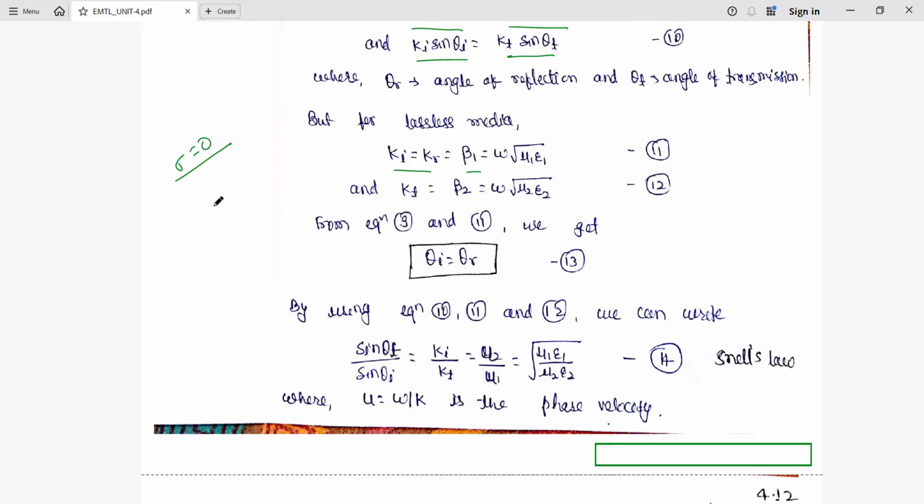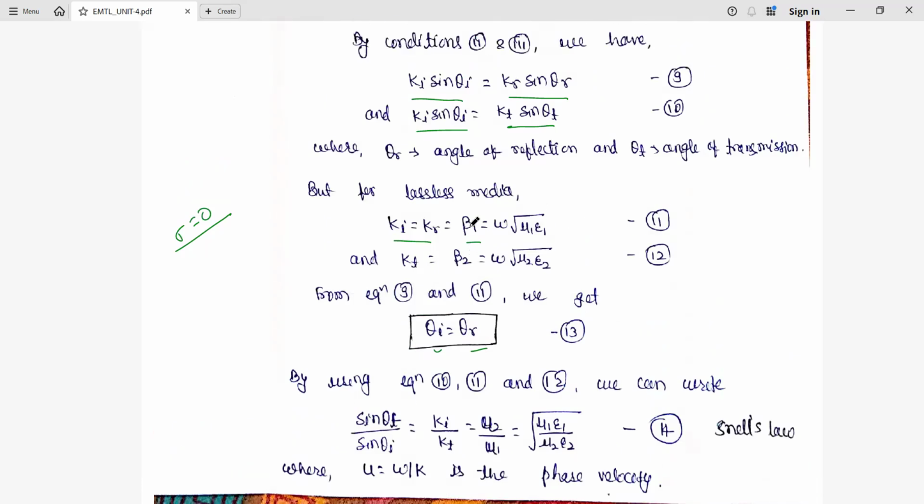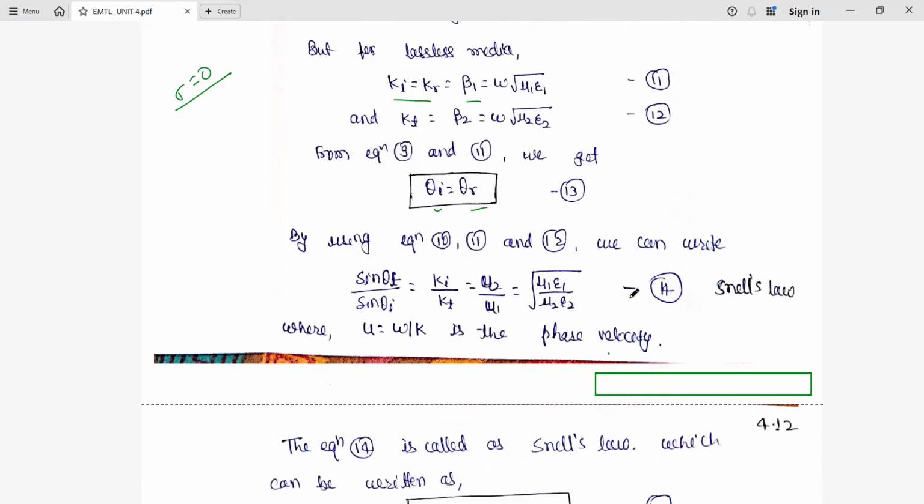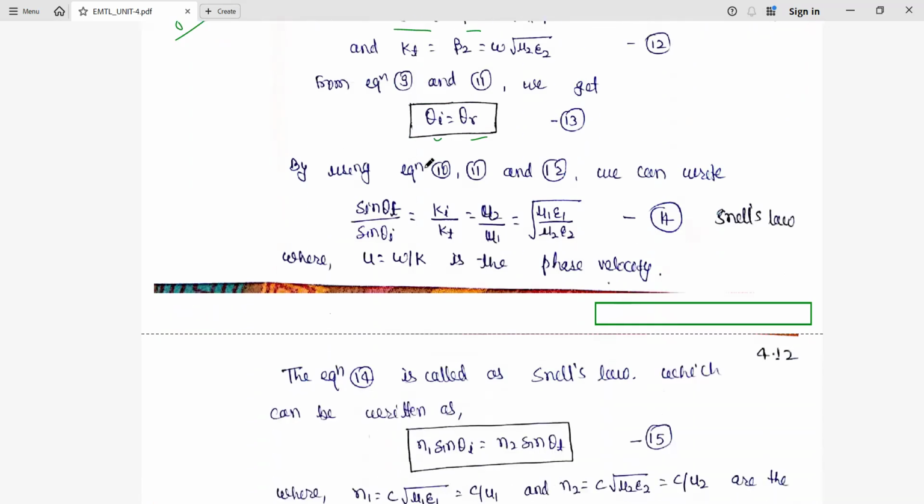That means we are considering both media as lossless dielectric media. From equations 9, 10, and 11, we can say that theta I equals theta R. Since Ki and Kr are equal, sine theta I equals sine theta R, and when the sine values are equal the angles are the same. That's why theta I equals theta R.